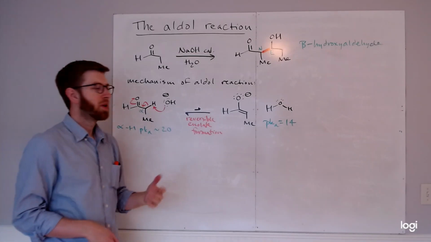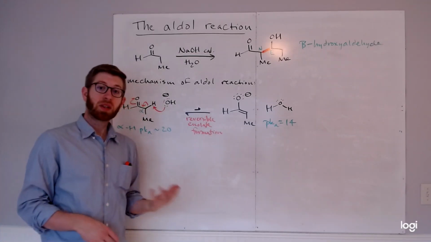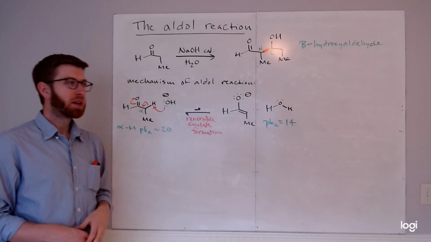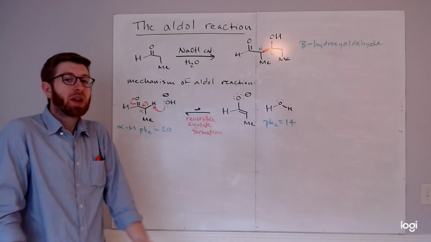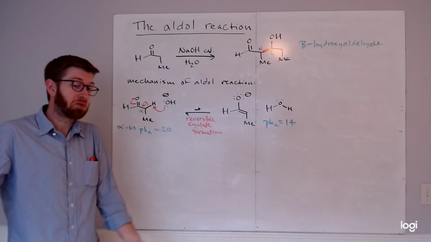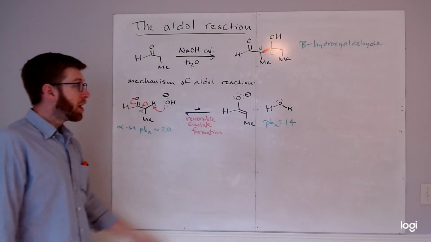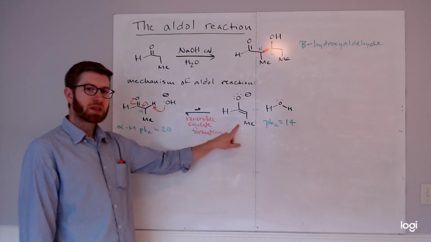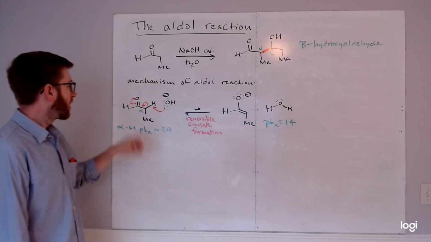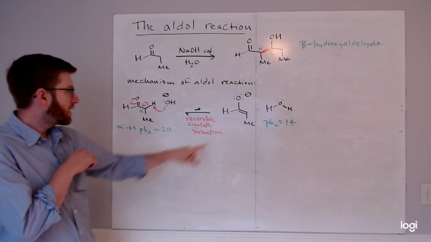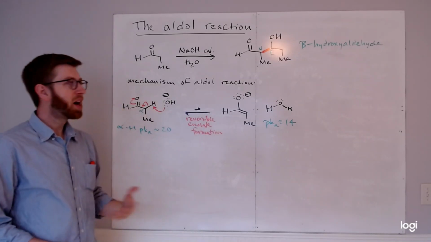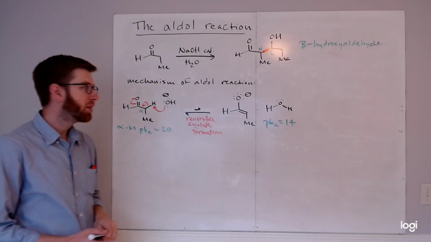That's important because if this enolate forms, it's now nucleophilic. And if this reaction were irreversible, there would be no electrophile present. All I would have were other enolates. Enolates don't react with other enolates. But because I'm doing this in a way where I've got small amounts of this relative to what I have left of my aldehyde to start, this enolate can find another copy of the aldehyde that hasn't been deprotonated.